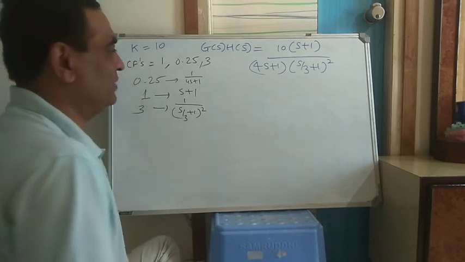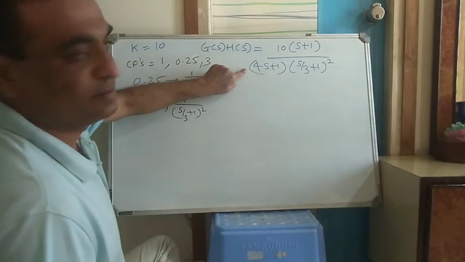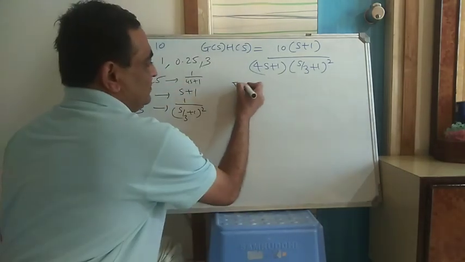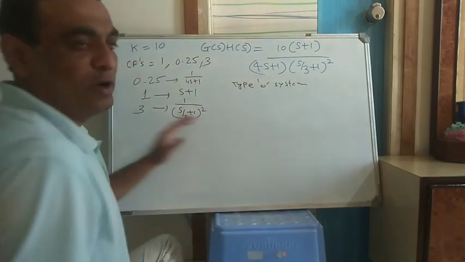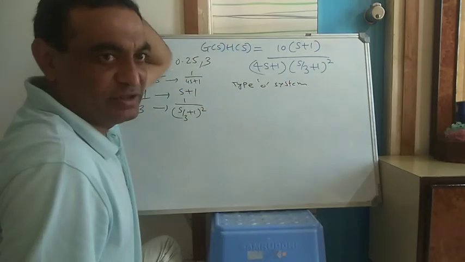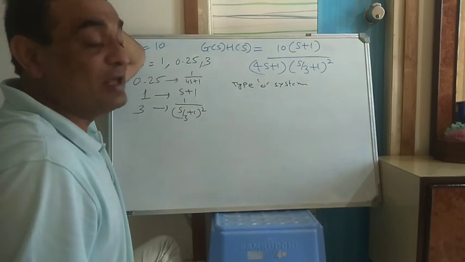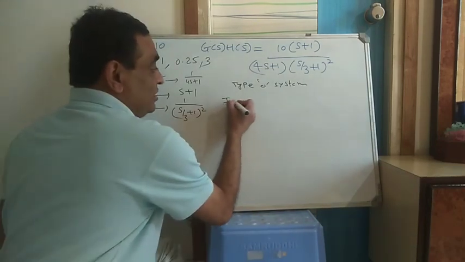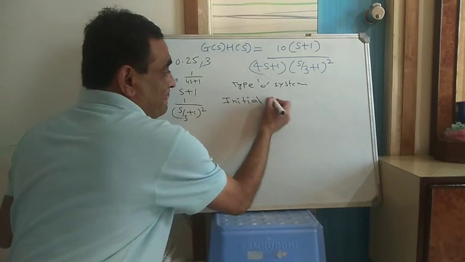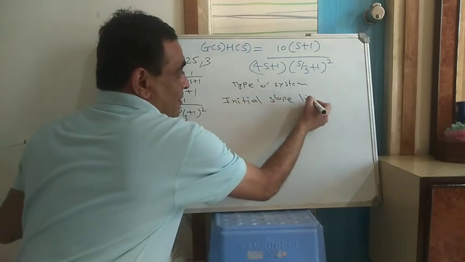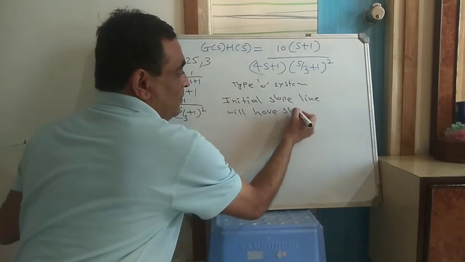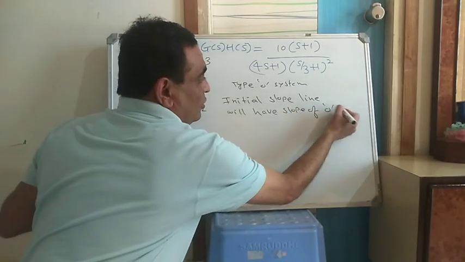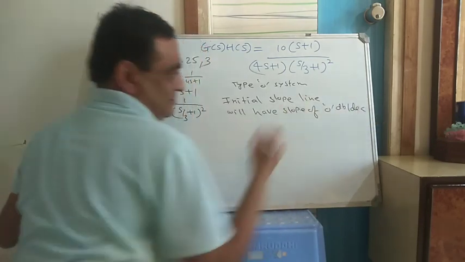Now the initial slope line. Now there is a type 0 system. It is a type 0 system. There is no pole at origin, neither is there a zero at origin. So the initial slope line will have a slope of 0 dB per decade.